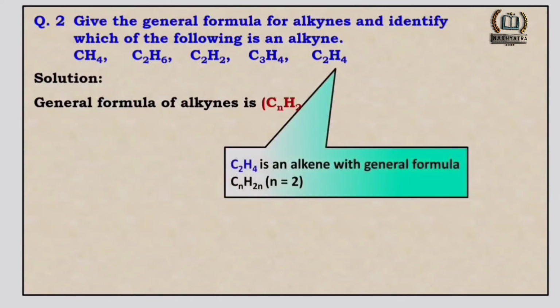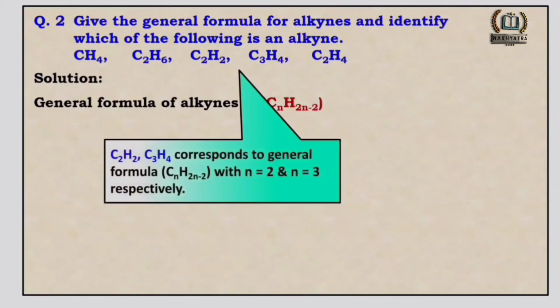Now let's check this C2H4. It is an alkene with general formula CnH2n where n equal to 2. So C2H4 is ethene. Alright. Okay, now let's see these two, C2H2 and C3H4.